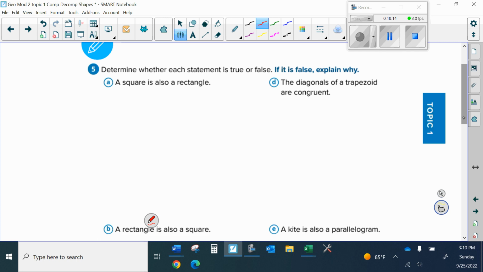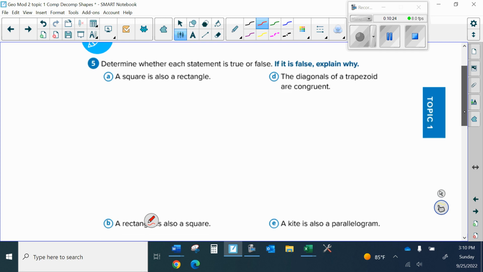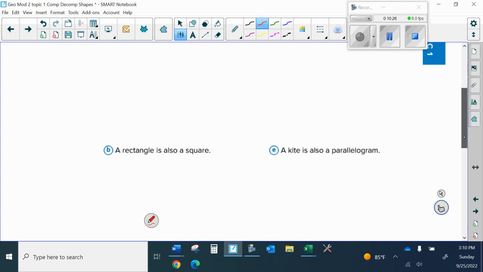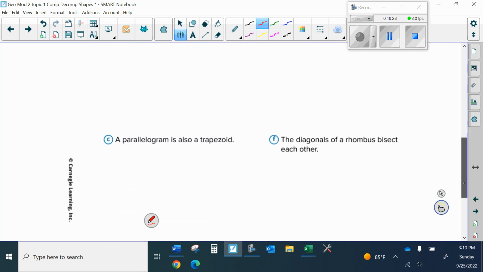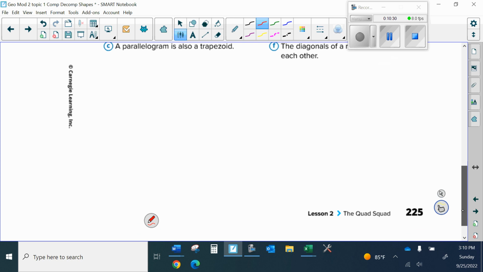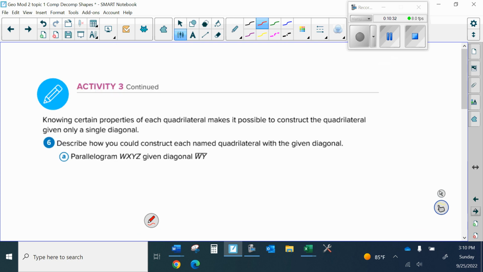So we're going through, let's see, 229, A through F. I want you to do this on A through F here. If you have to, use your quadrilateral hierarchy sheet, and we will stop right there.